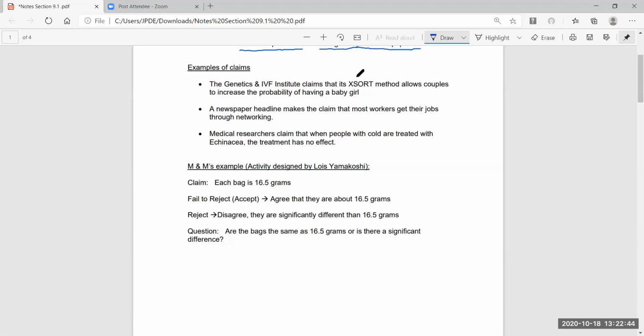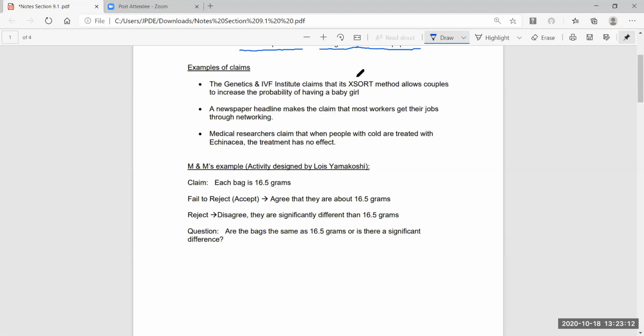First one: the Genetics and IVF Institute claims that its XSort method allows couples to increase the probability of having a baby girl. We would look at the data and see, is their claim supported by the data or not?